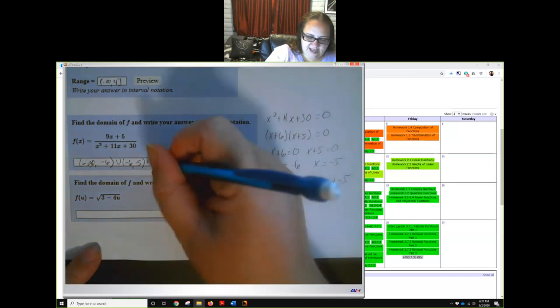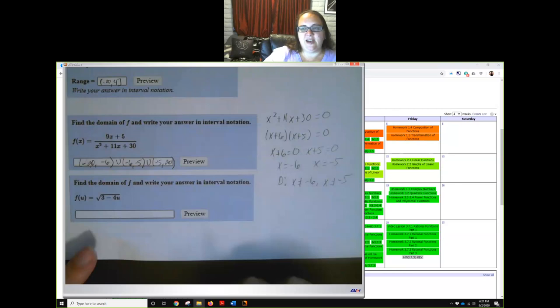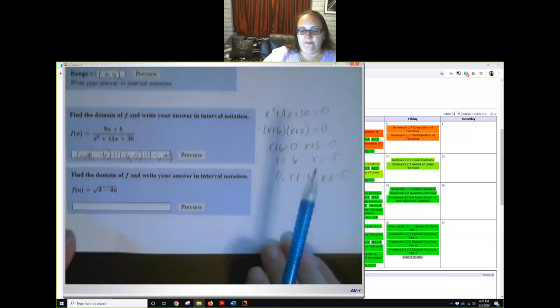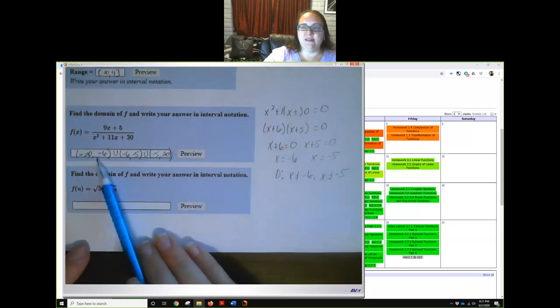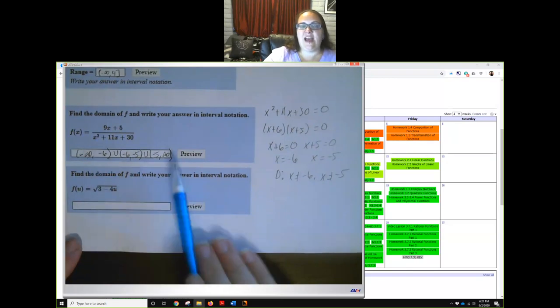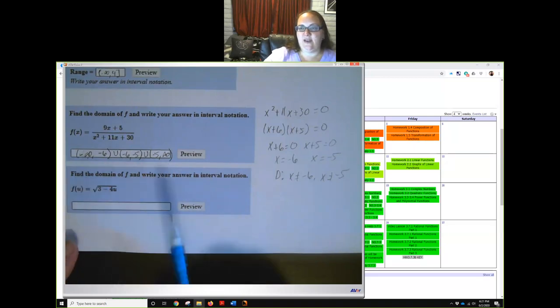And then we would say all of the numbers from -5 or to the right of -5. Everything here is a parenthesis because -6 and -5 are excluded. So this is every number to the left of -6. This is every number in between -6 and -5. And this is every number to the right of -5. So that's how you say all real numbers except -6 and -5.